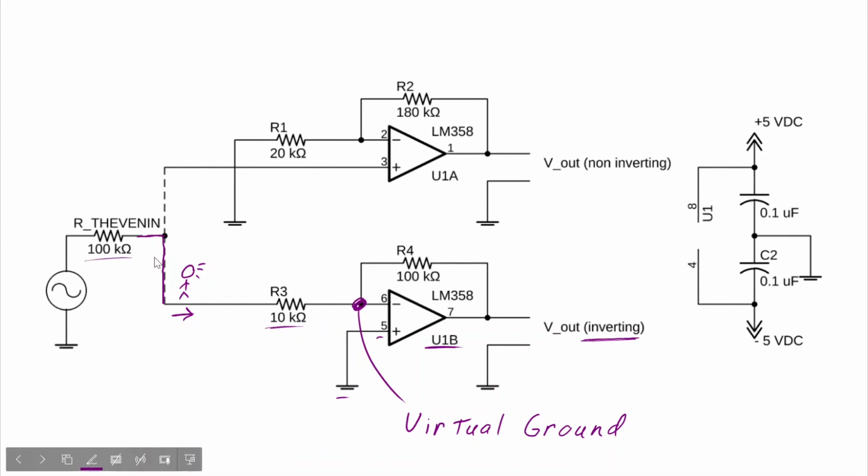Given that our Thevenin resistance is 100, we've essentially formed a voltage divider, with the voltage at this point here being the input to the amplifier.